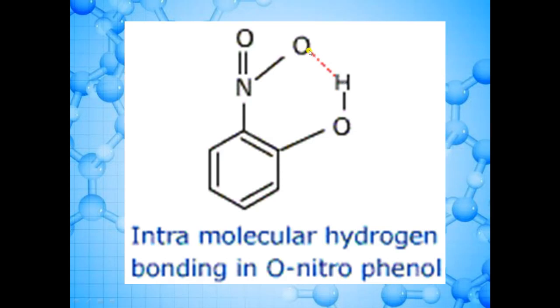You will represent it by a dash line, and this is intramolecular hydrogen bonding because it exists within the molecule. This is the only molecule, and in this molecule there is hydrogen bonding, so it is known as intramolecular hydrogen bonding.